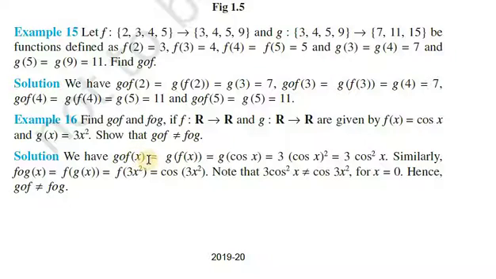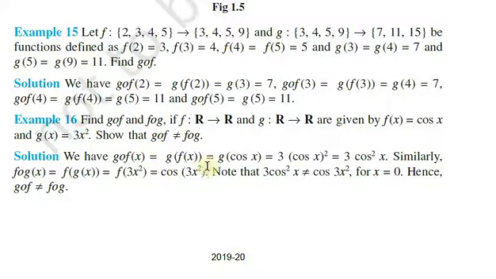So we'll see what g(f(x)) will be. g(f(x)) is g of f(x) by the definition. Now you put the value of f(x), which is cos x. Now what is g(x)? g(x) is 3x squared. So whatever is inside the bracket, we have to multiply that by 3 and square it.